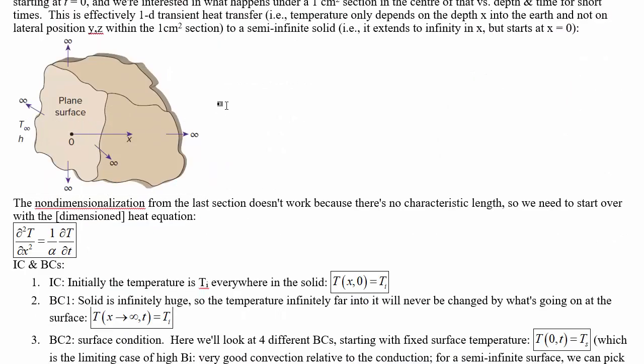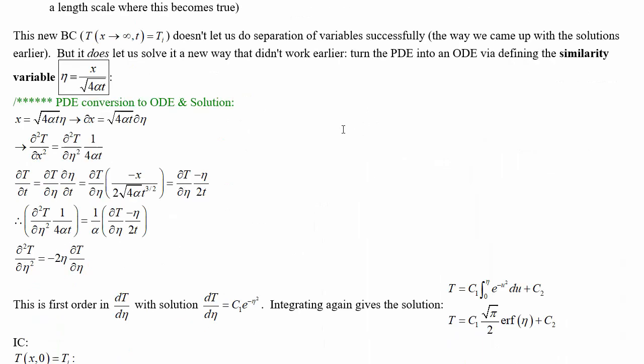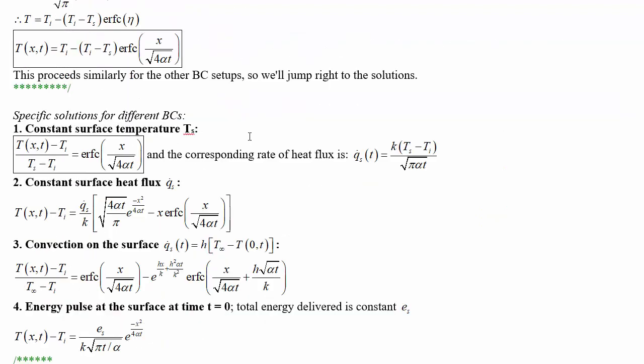The way to solve this is a different kind of non-dimensionalizing. So the temperature non-dimensionalizing works pretty much the same as it did before. The difference is that instead of involving T infinite, the free stream temperature, these temperature functions involve the difference in temperature from T initial.